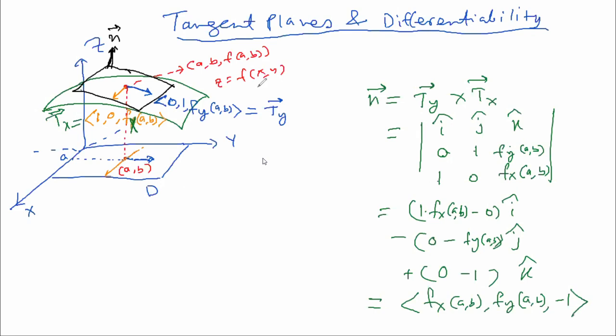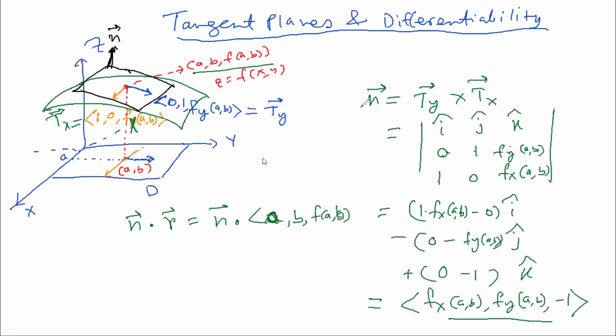So the point is this point a, b, f of a, b, and this is the normal vector. So you know how to do that, right? So n dot r is n dot the point, right? x naught, y naught, z naught. In this case, a, b, f of a, b.